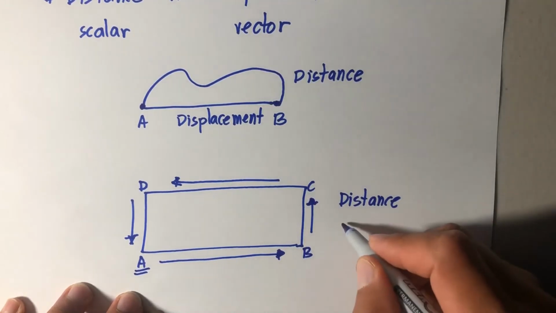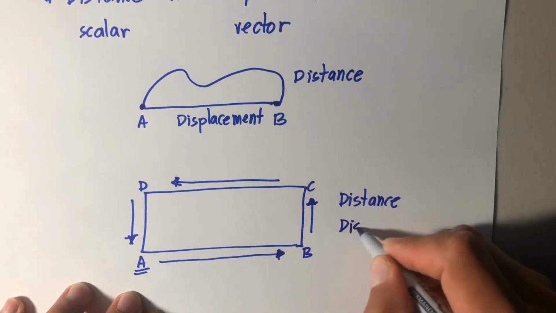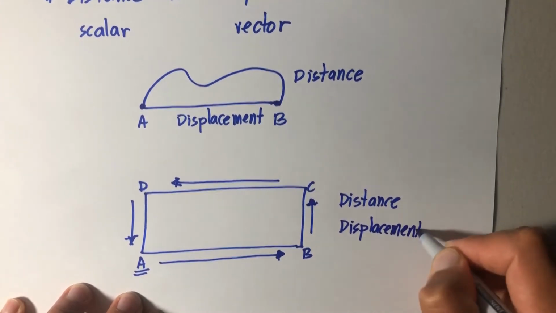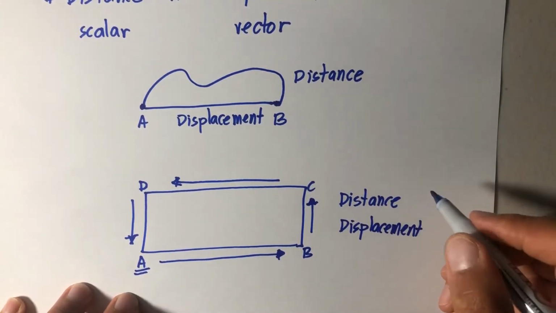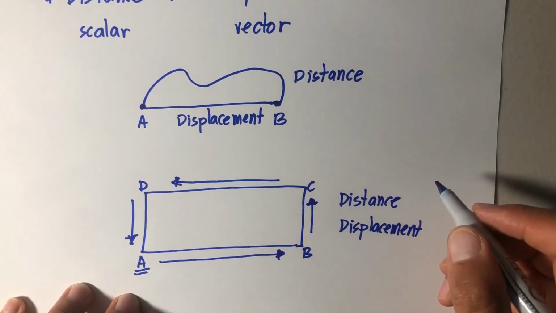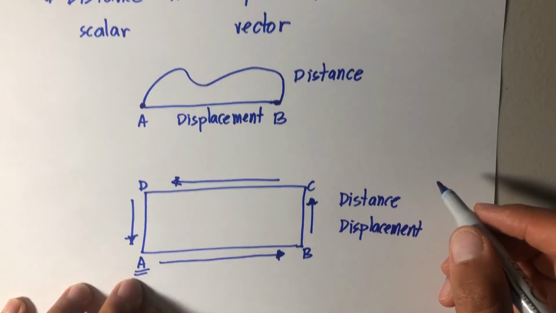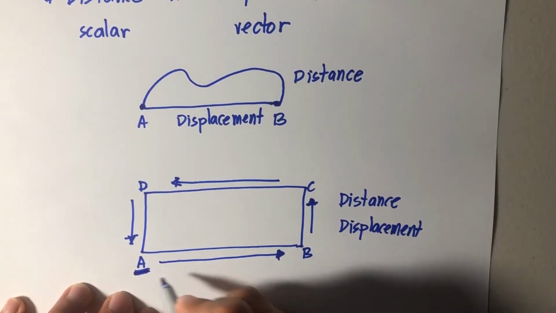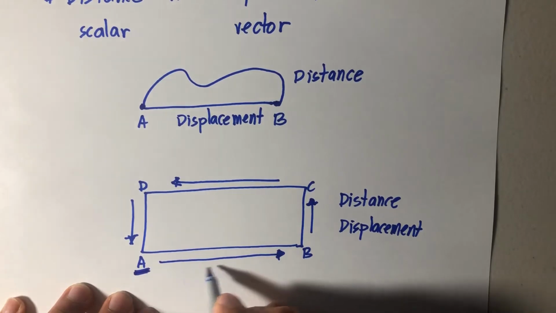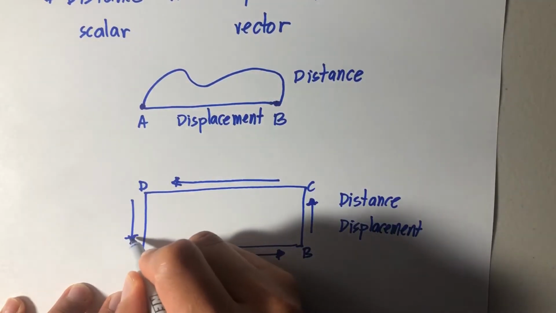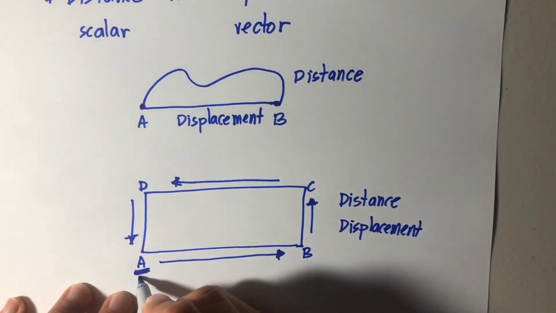However, if we are talking about displacement, that is not the case. Remember that displacement is the shortest length from an initial point going to a final point. In this scenario, the initial point is A. The object moves to point B, to point C, to point D, but then again, it returns to point A. So is there a displacement?